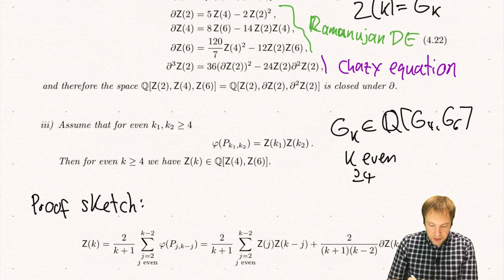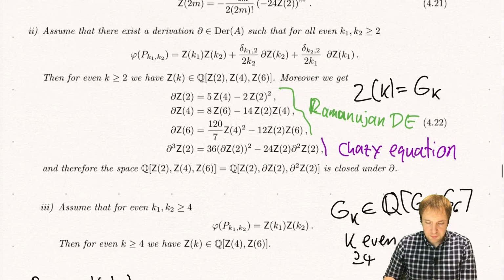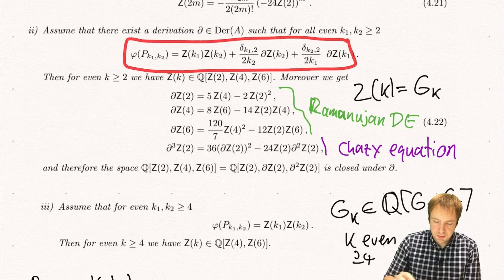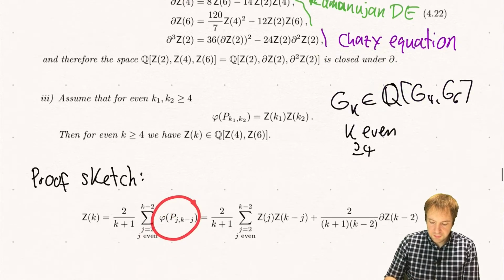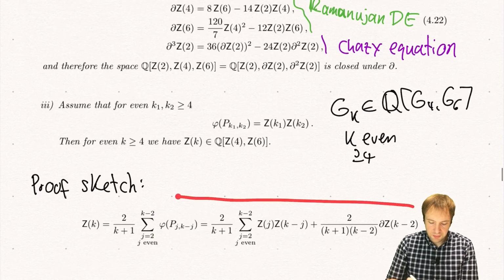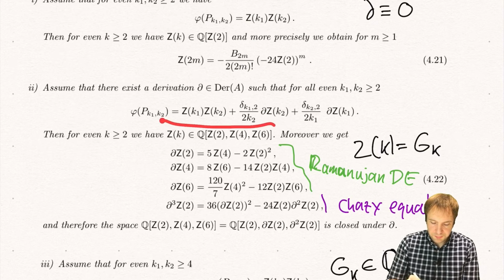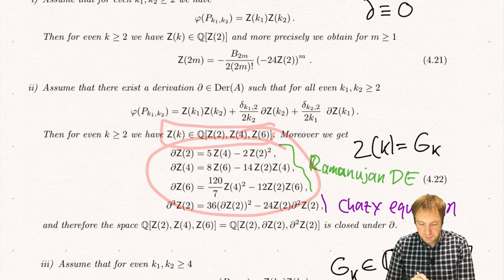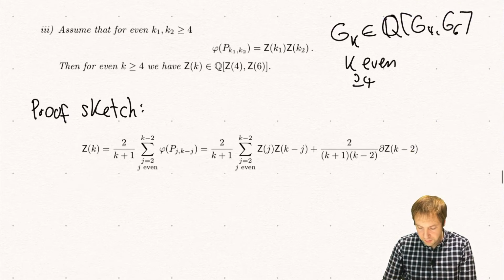In the theorem we had that the sum over all these P even is given by zk, by k plus 1 over 2 zk, so here we put this there, and then for example for the second statement we can replace this here with the products of these z's and maybe some correction term with the derivative, and then using this formula we inductively get the statement here, and also this can be proven directly by using this together with the theorem before.